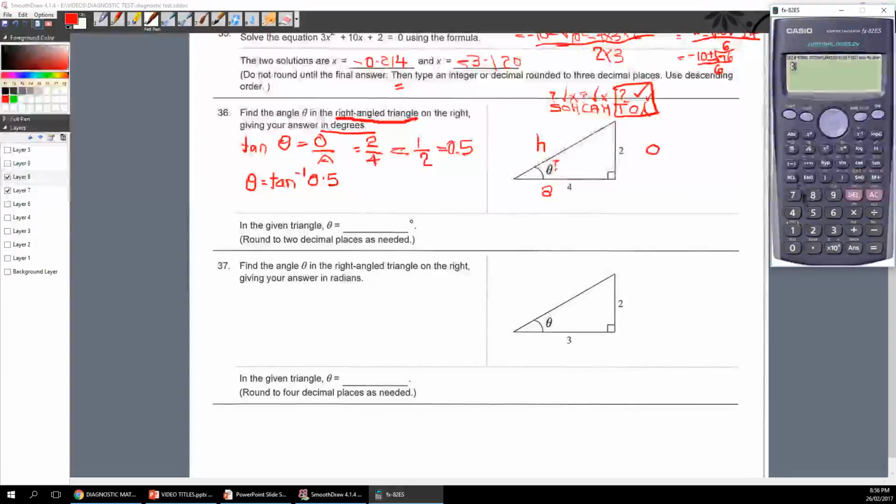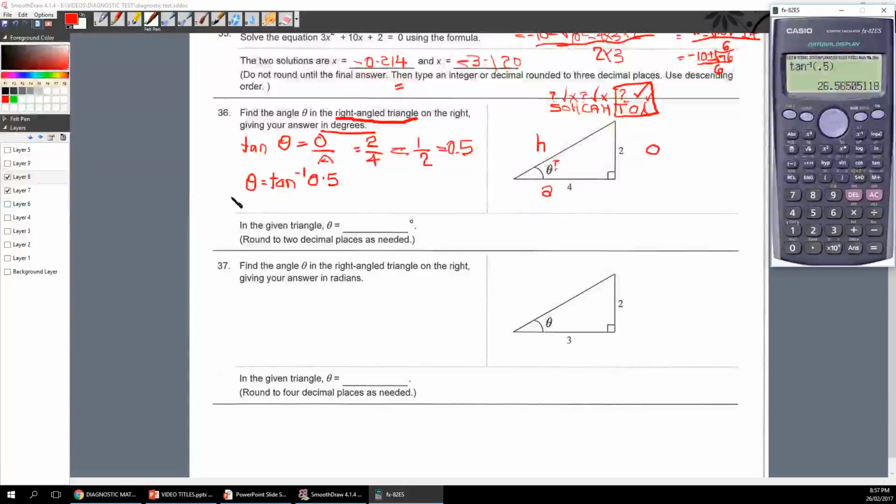So what we're going to do now is go shift tan, oops, we didn't want that 3 there, shift tan, 0.5, close the bracket and then go equals, and we get 26.565.